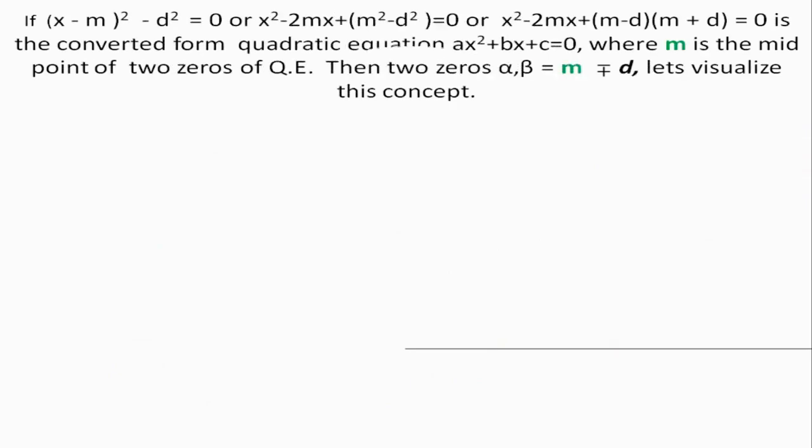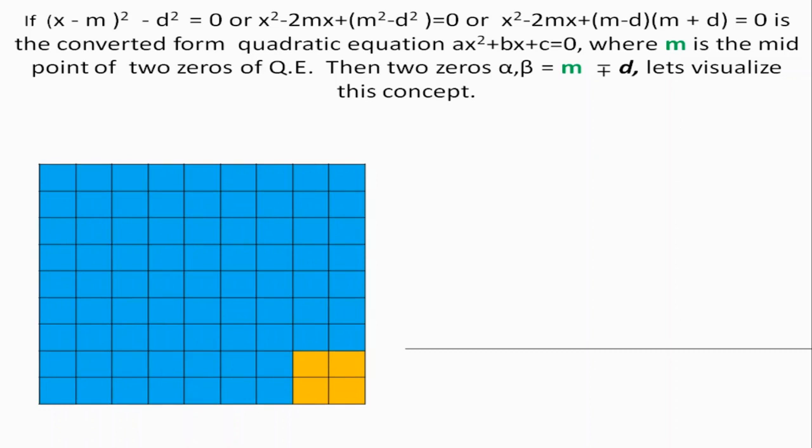We can also visualize this problem. Let's see here, m is the middle value. So what is m square? See in the figure. This is the figure of m square, and in this figure we are subtracting d square.